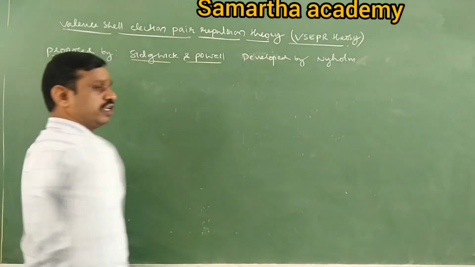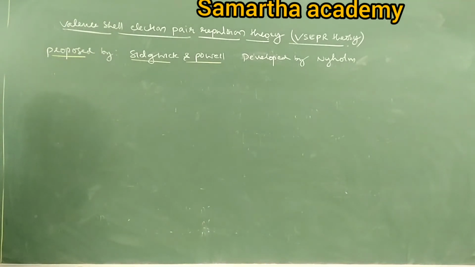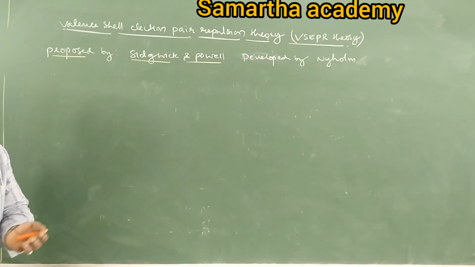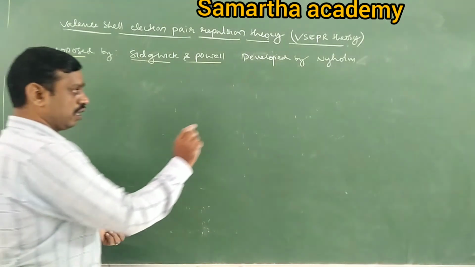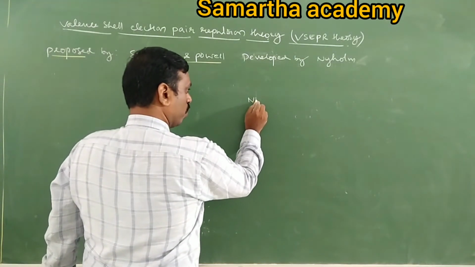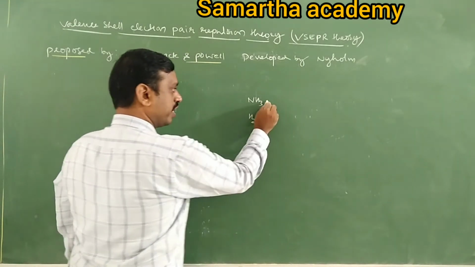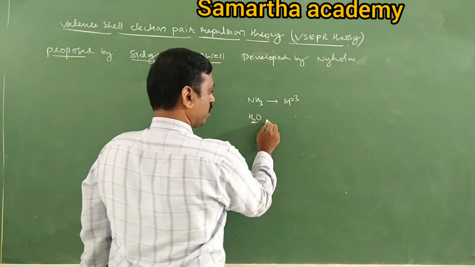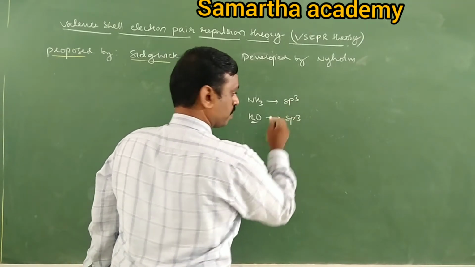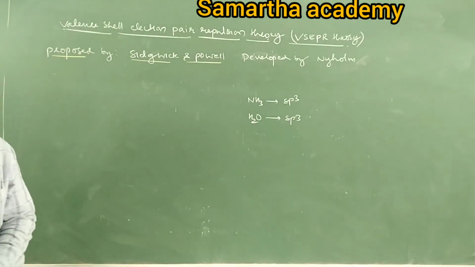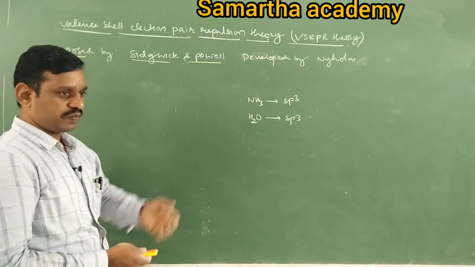Valence bond theory could not explain some structures of molecules. There are some drawbacks, particularly in ammonia and water. If you see ammonia, its hybridization is sp3, right? Water is sp3.